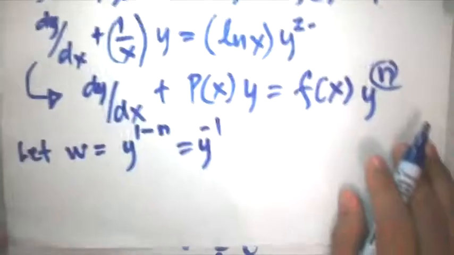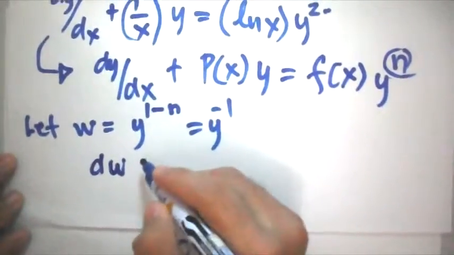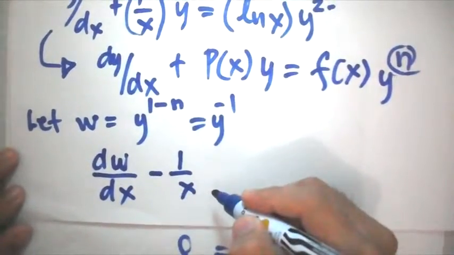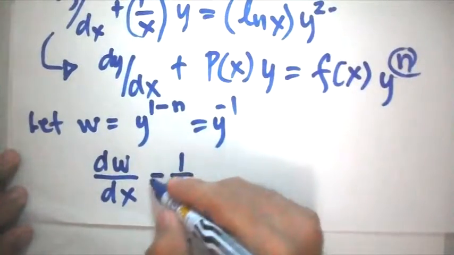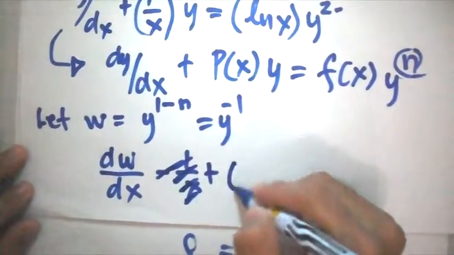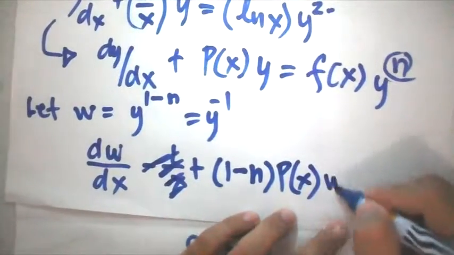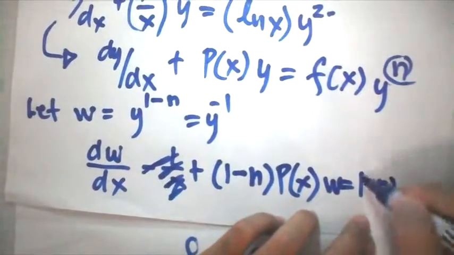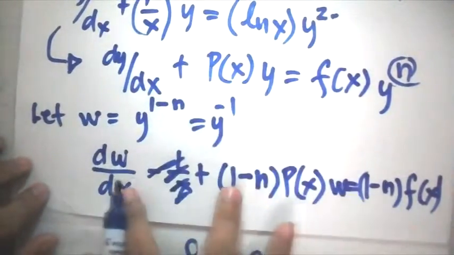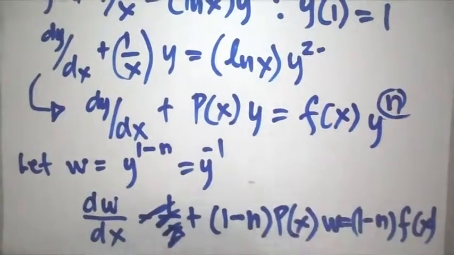So now next is dw/dx plus 1 minus n, p(x) w is equal to 1 minus n, f(x). So we have to write this equation into this form to get the linear equation.